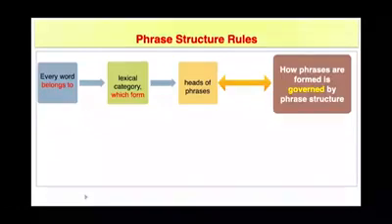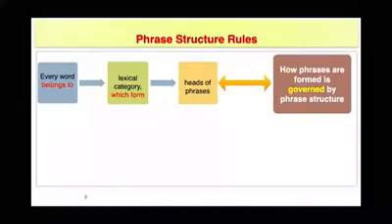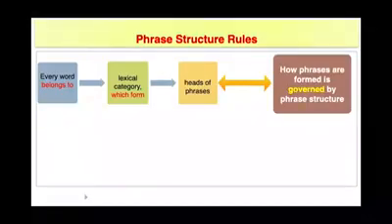structure rules. And when I say structure rules, we need to think about language as hierarchy of constituents, as a hierarchy of different words that go into larger units. Now, if you look at the diagram here, every word belongs to a lexical category.